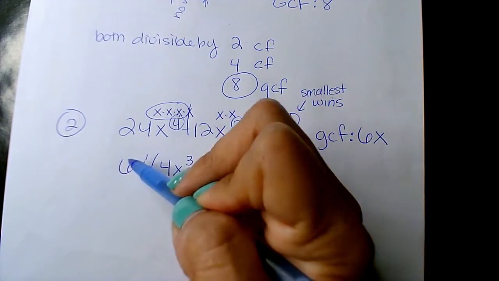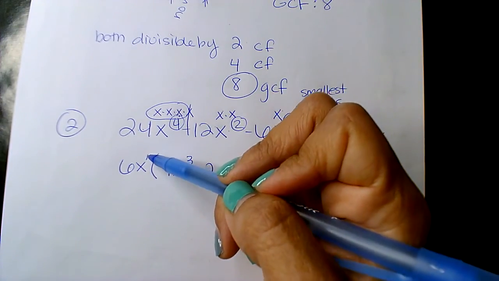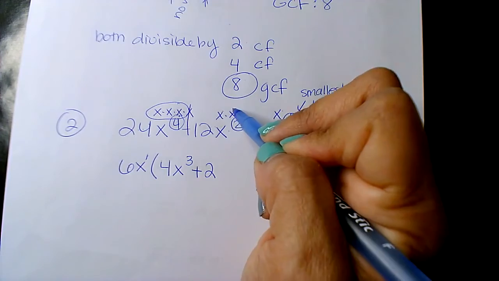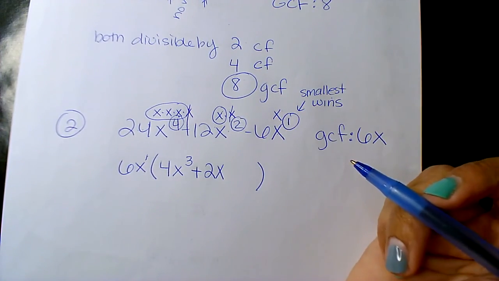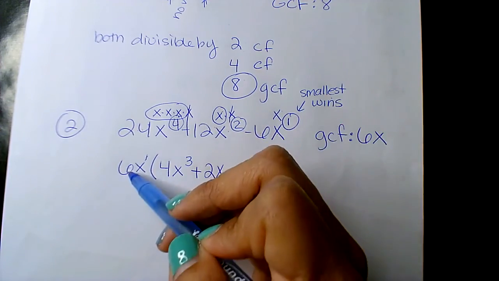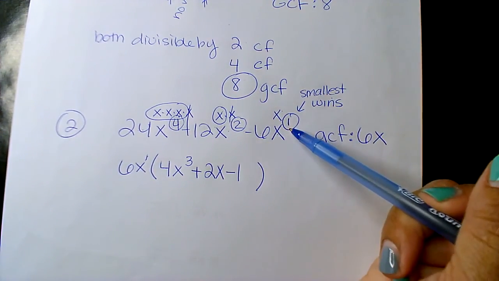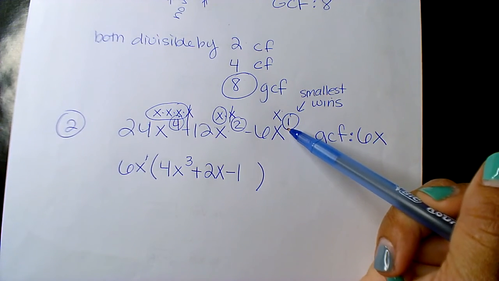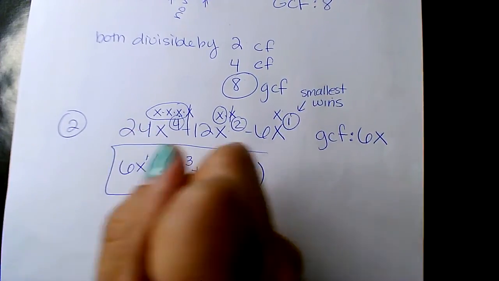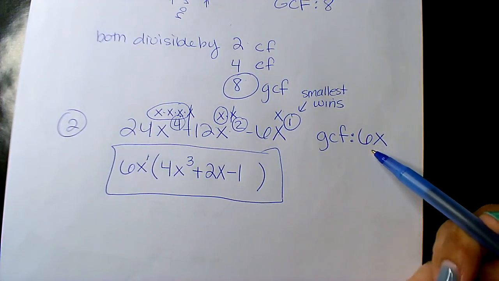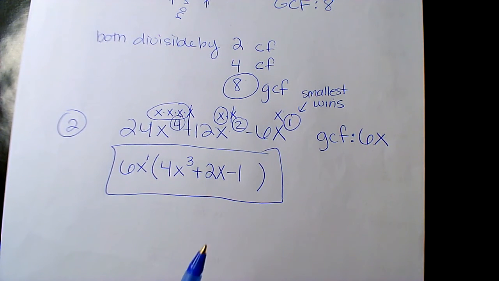What is 12 divided by 6? 2. I'm going to remove 1x. So if I have 2 of them, I'm left with 1. And then what's 6 divided by 6? 1. So you can write the 1. I'm removing 1x from only 1x, and so it's just negative 1. And so this is your factor, but your GCF was 6x that we removed from each of the 3 terms.